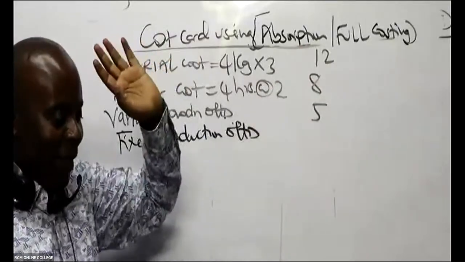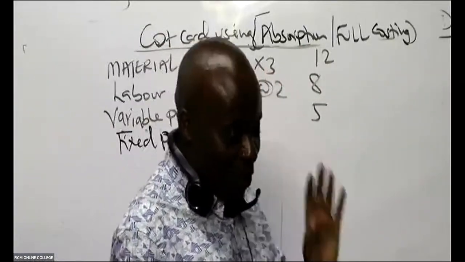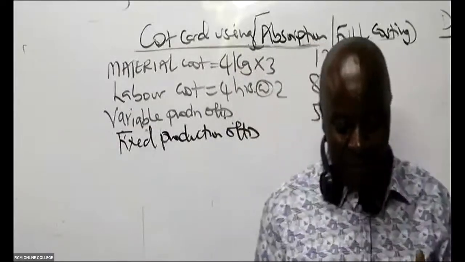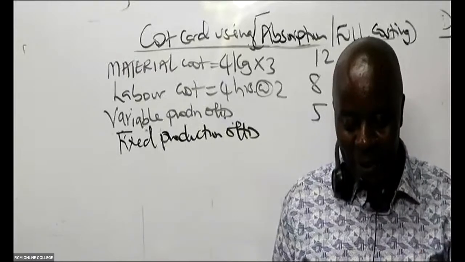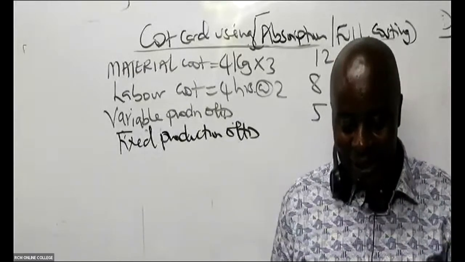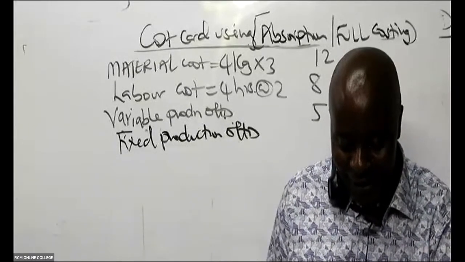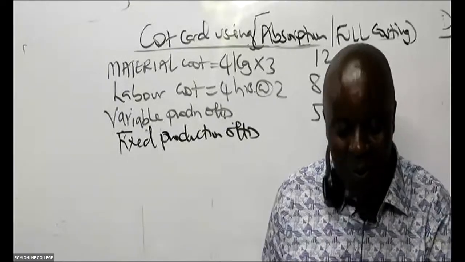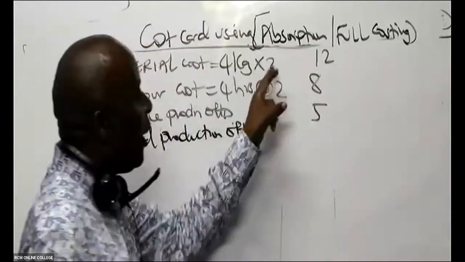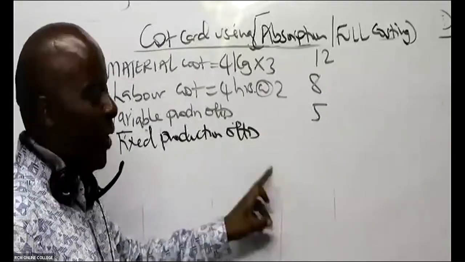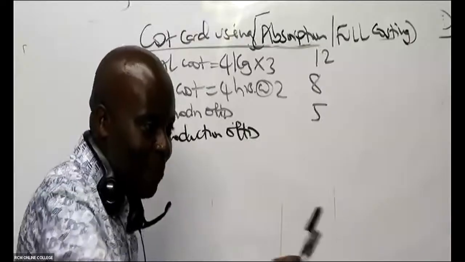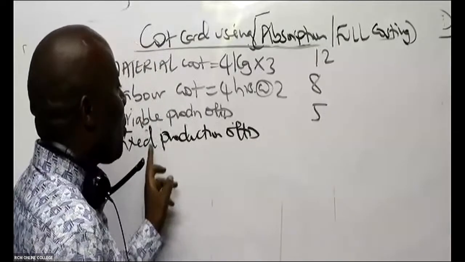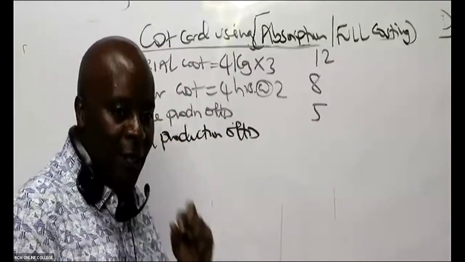Now let me hear from the online students. Please tell me, and don't take me to be harsh when I respond like that. I'm a cool guy. You see, all these are on a per unit basis. Even variable production overhead is per unit. So even this fixed production overhead must be for 1 unit, isn't it?